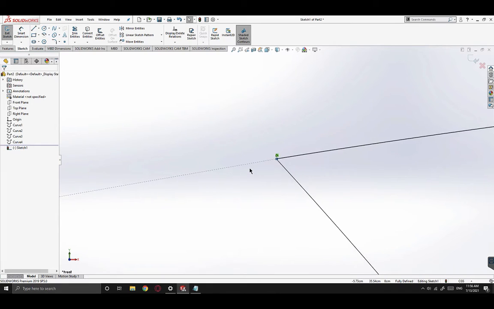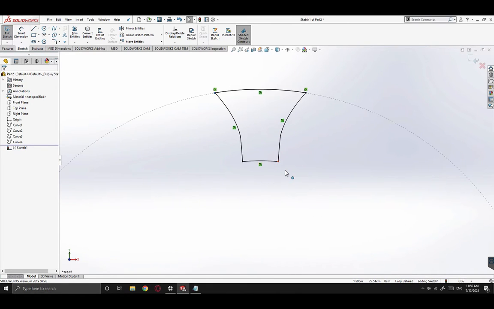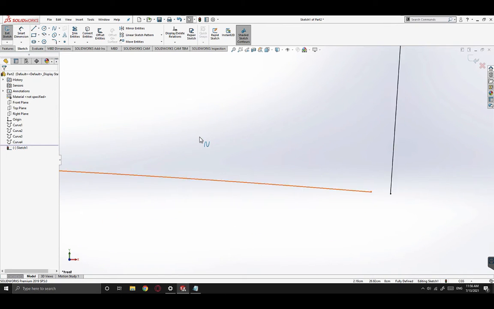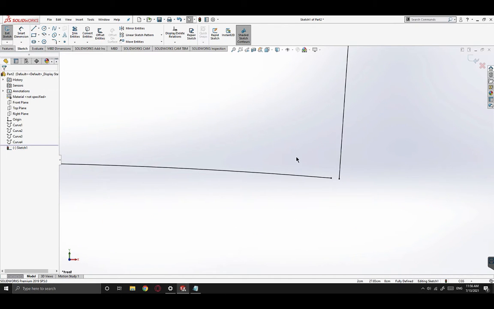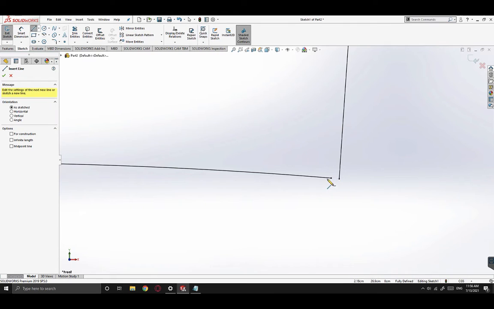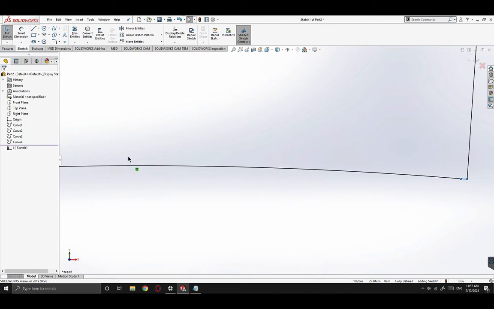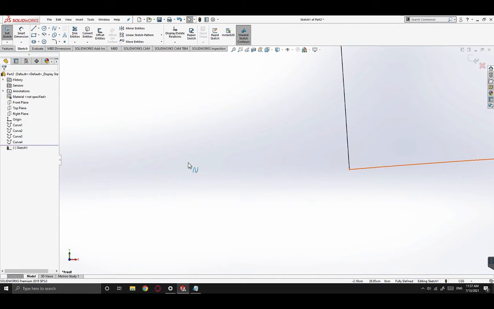Okay. Now let's check the bottom. As you can see, this is not closed. We have only one edge left. Is it closed?